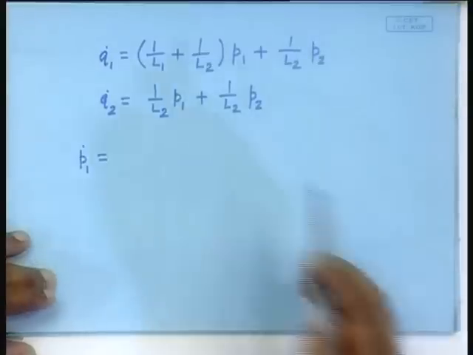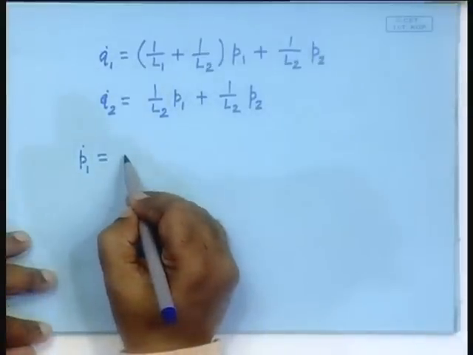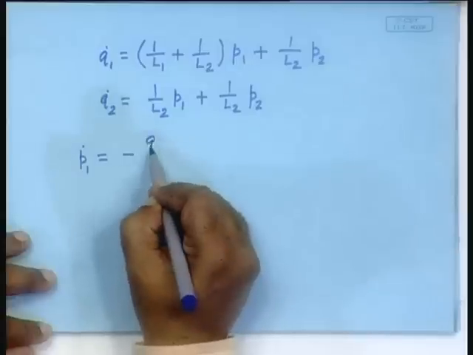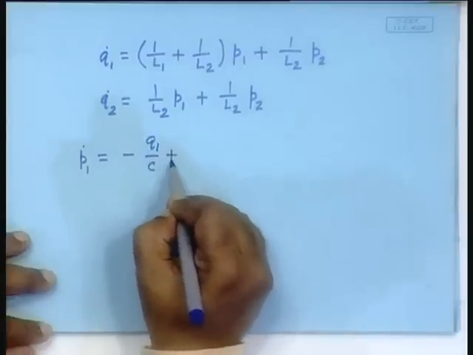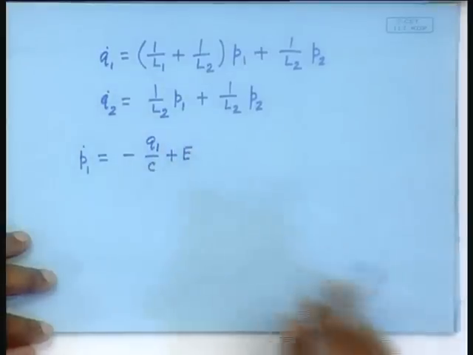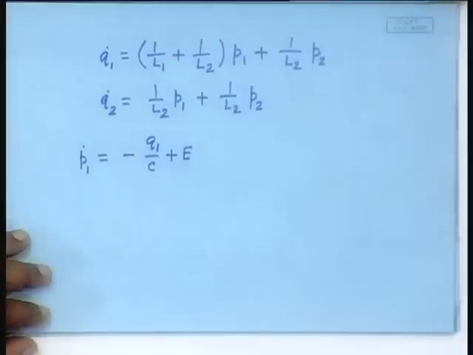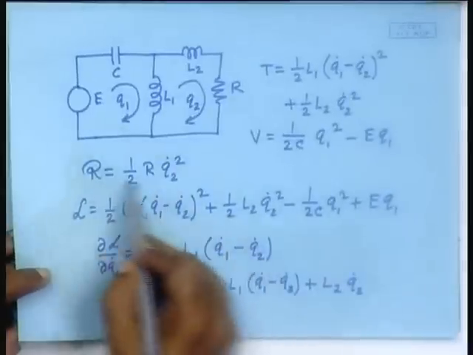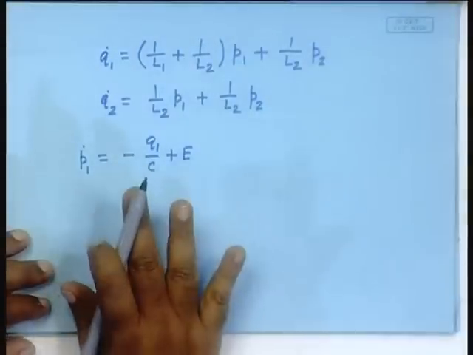So, it will be minus q1 by C plus E. Now, we have to add the derivative with respect to q1 dot, which is not there. So, this suffices.